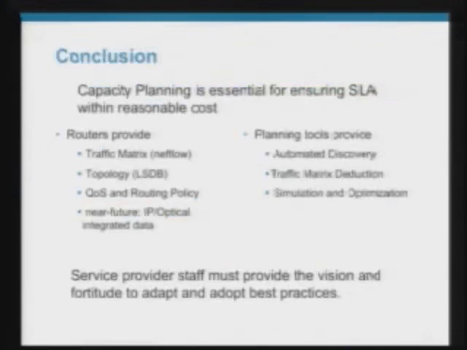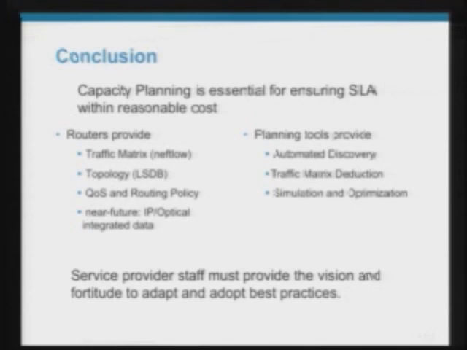So I will conclude. We've tried to make a case for how capacity planning is essential for ensuring SLAs. Okay? If you want to have SLAs within reasonable cost, it is worthwhile to put in a more robust capacity planning process. The router vendors have their parts in making sure that the infrastructure is there to provide the information.